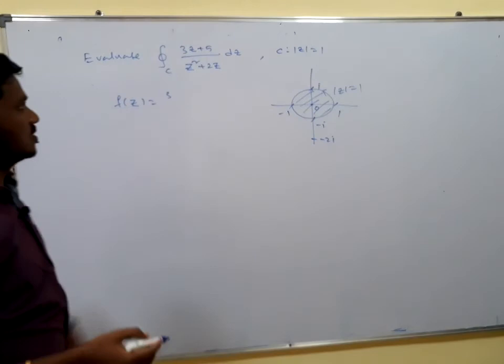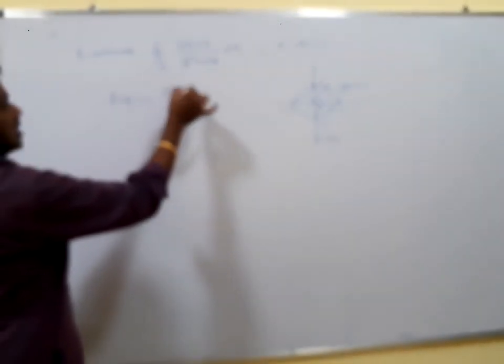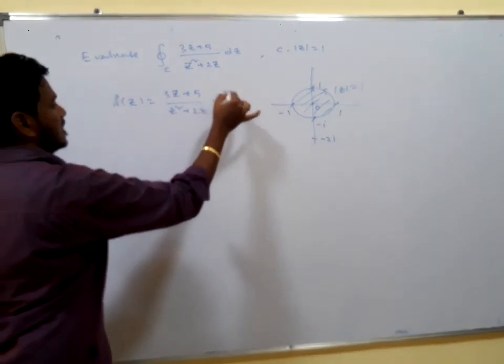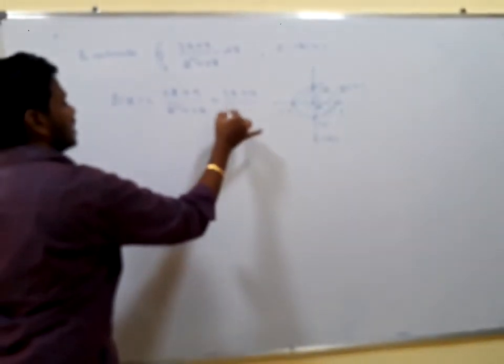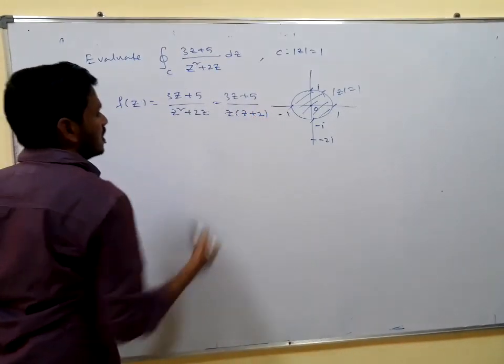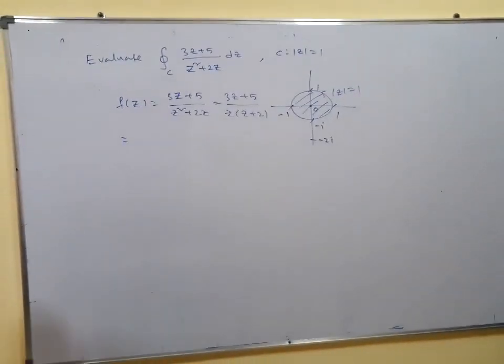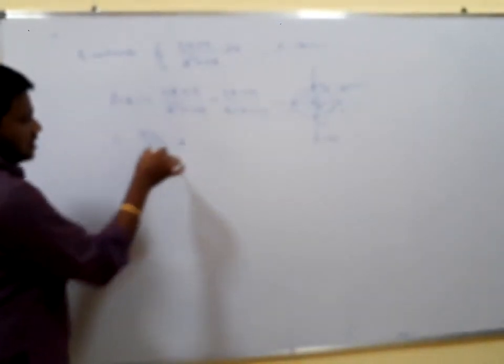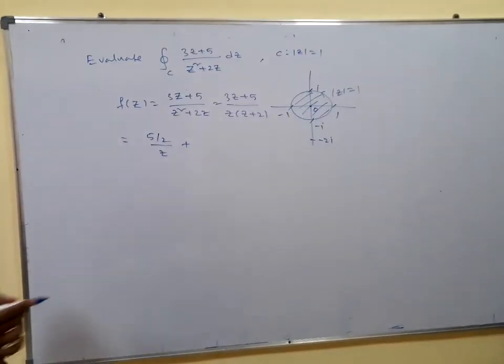But we have two points, so I am going to convert it: 3z plus 5 divided by z square plus 2z, which is 3z plus 5 divided by z into (z plus 2). By converting into partial fractions, we have 5 by 2 by z plus 1 by 2 by (z plus 2).